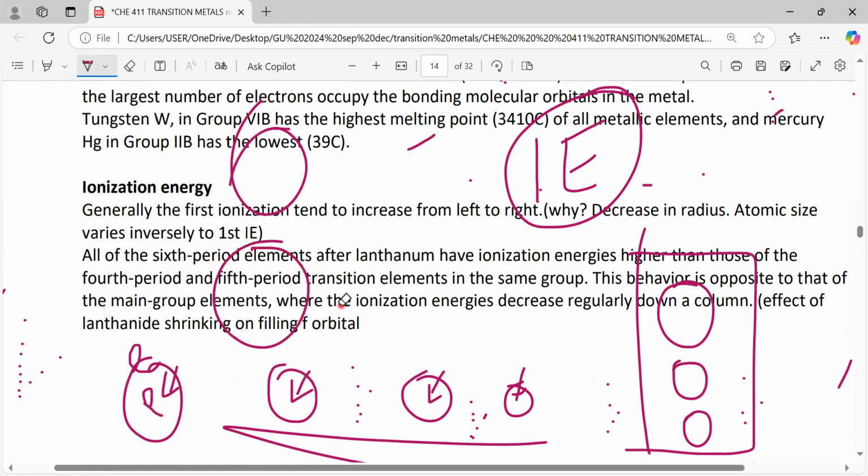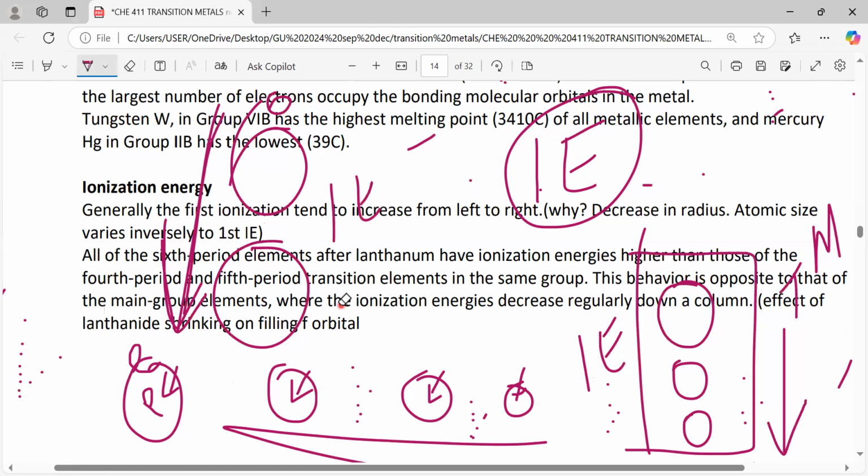As you move down a group, the ionization energy decreases in main group. But in transition metals, the radius decreases and therefore ionization energy is increasing. In main group, the radius is increasing and ionization energy is decreasing. Here, it increases in transition metals.